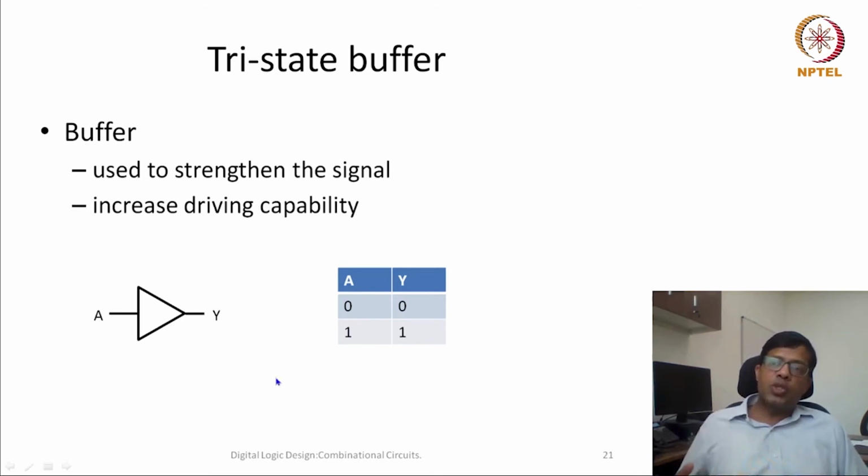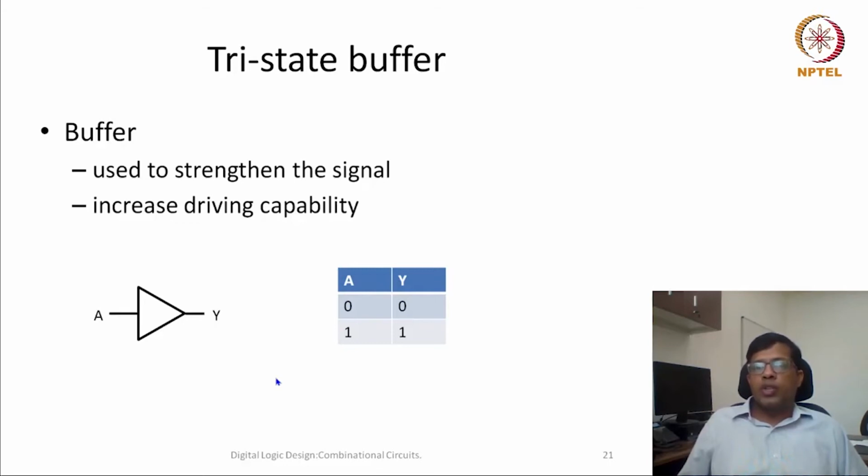Buffers are essentially used whenever one particular output is driving multiple inputs. Because one output is driving multiple inputs, the strength of the signal has to be much higher. In other words, the driving capability has to be much higher. So sometimes the designer will introduce this buffer, which will increase the strength of the signal.